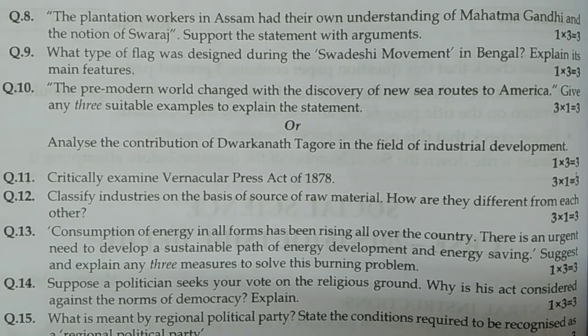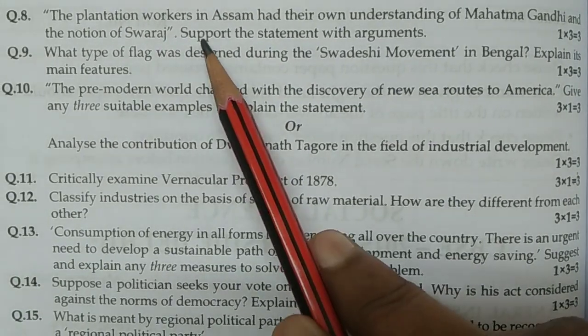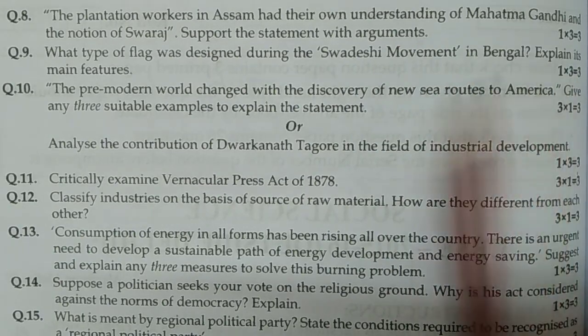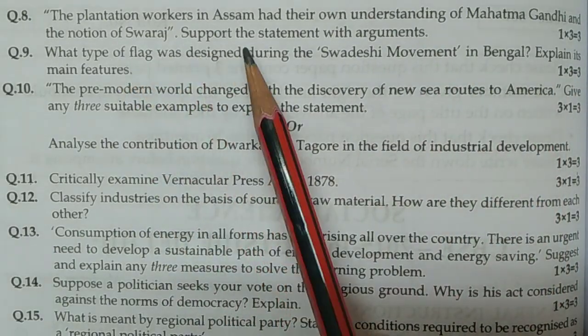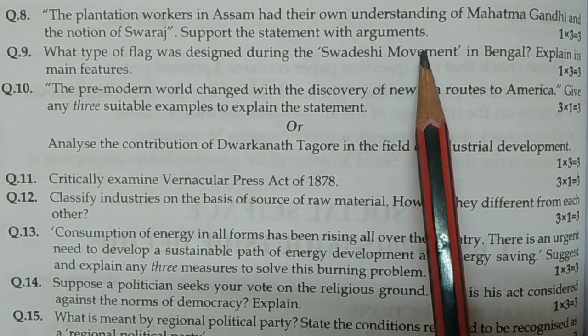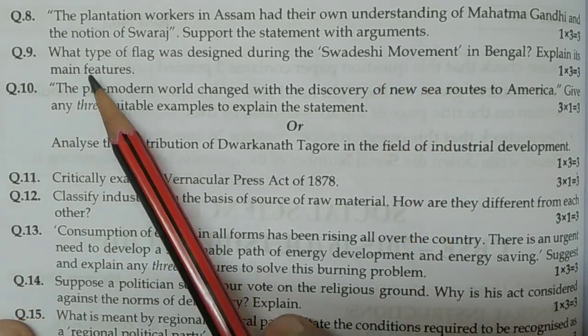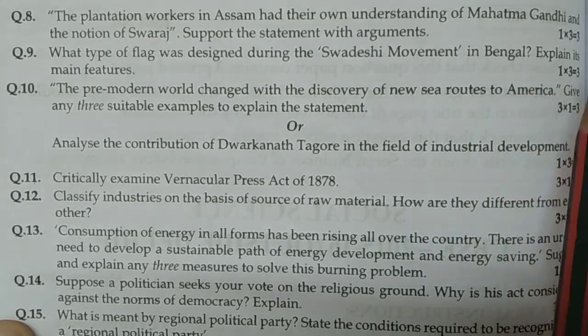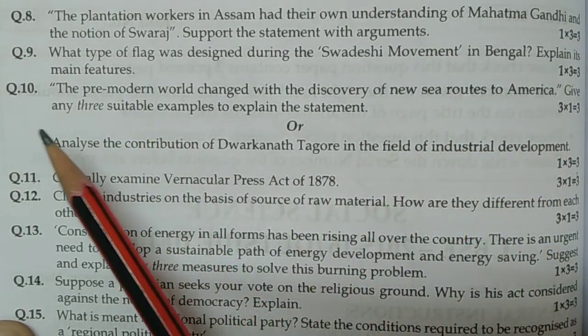Question number 8. It's given that the plantation workers in Assam had their own understanding of Mahatma Gandhi and the notion of Swaraj. Support the statement with arguments. It's still coming like that. What type of flag was designed during the Swadeshi movement in Bengal? Explain its main feature. Now question number 10.